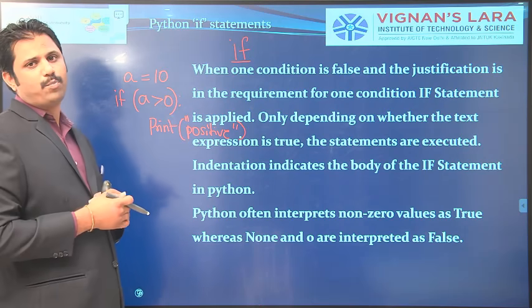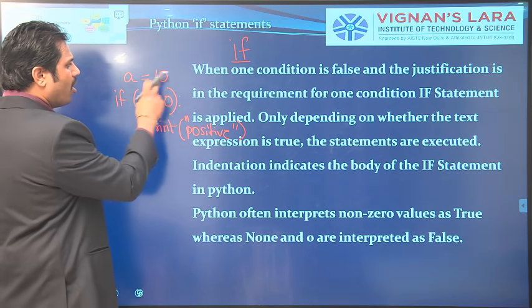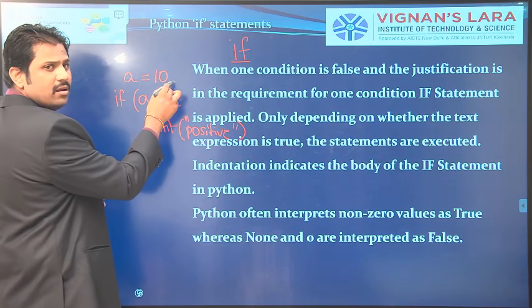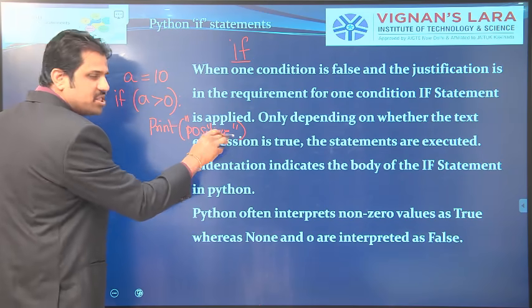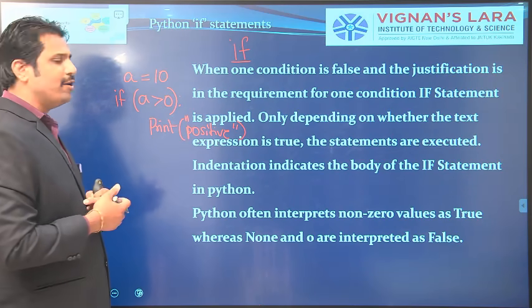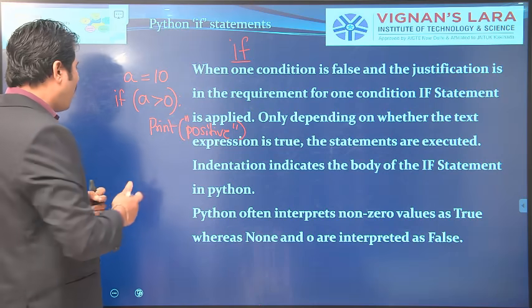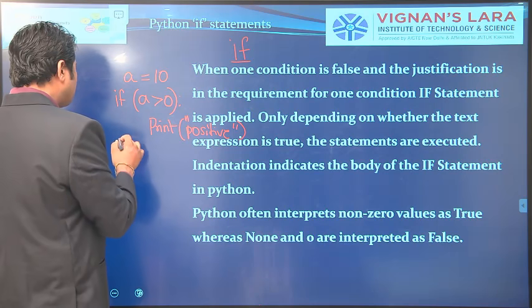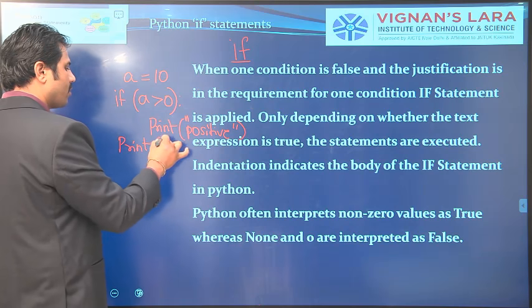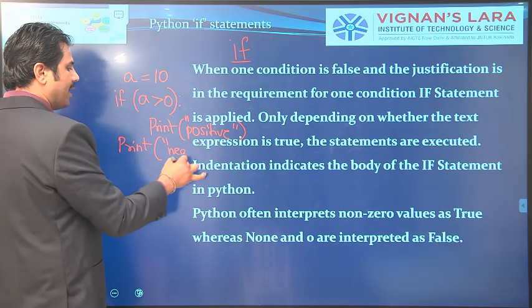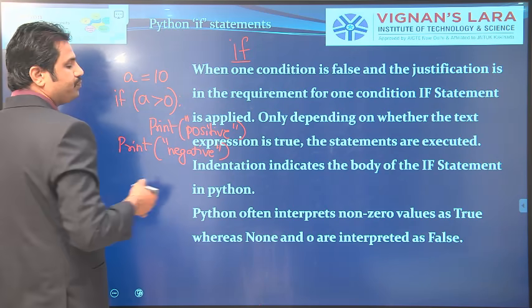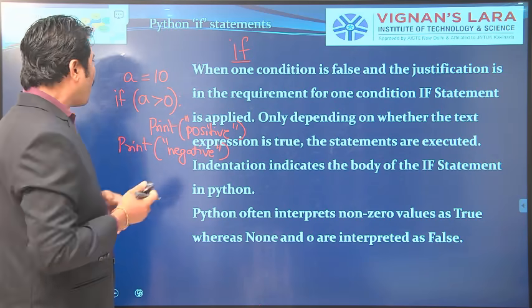We have to remember this point: no need to write a semicolon at the initializing of this variable, and after the print statement also no semicolon. After that, I am writing the statement print negative, like this.